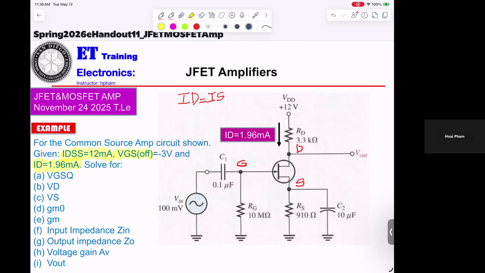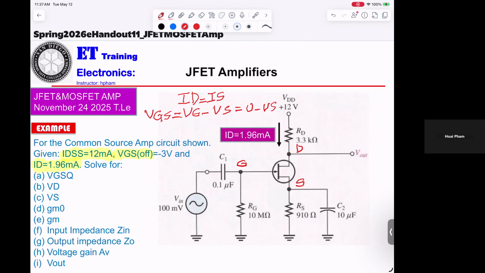Now, VGS basically you will be seeing VGS equal VG minus VS, and VG equal 0, no battery connection, so 0 equal VG, okay?